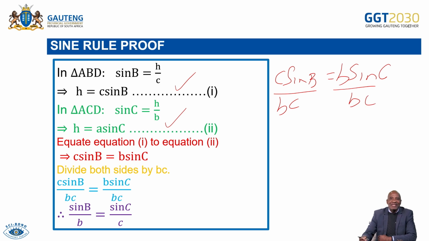Once I divide both sides by BC, what do I get? The C divides and goes this side, and then the B divides and goes on the other side. What is left is going to be my sine B over B is the same as sine C over C.